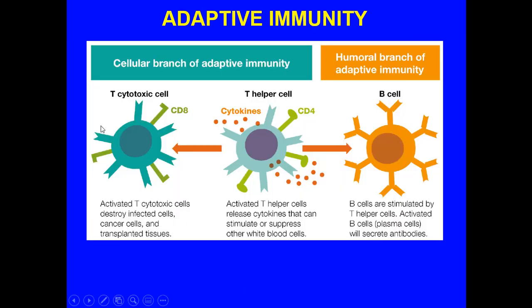Here you see the cellular branches of the adaptive immunity, here T cytotoxic cells. They're CD8s, their CD proteins are classified as CD8. T helper is known for having CD4. And T helper is going to basically activate both T cytotoxic cells as well as the B cells, get them all revved up.